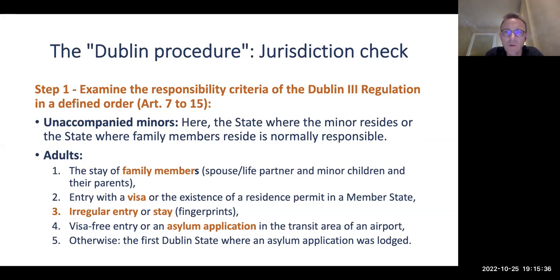That might also be tricky in transit zones, where the country the transit zone is linked to is where the asylum application is to be fulfilled. And if all those criteria do not apply, then the first Dublin state where an asylum application has been lodged is the country responsible for the asylum application.